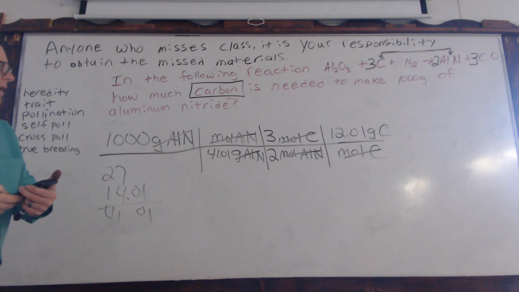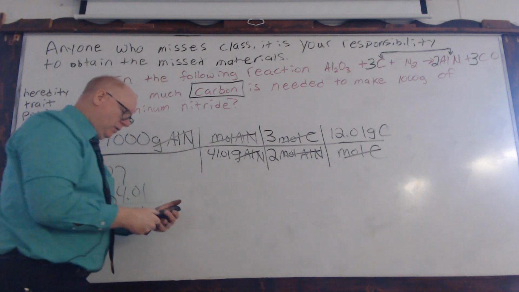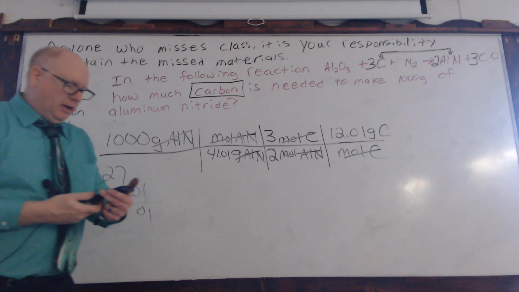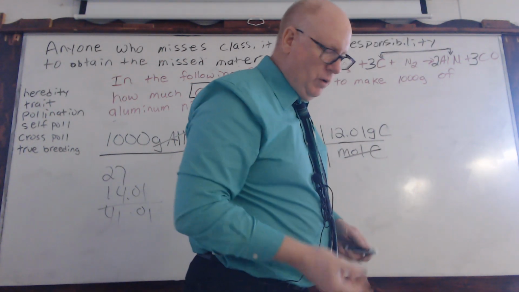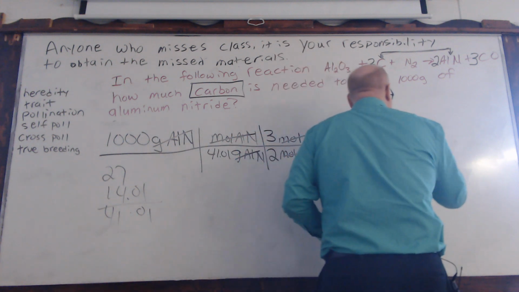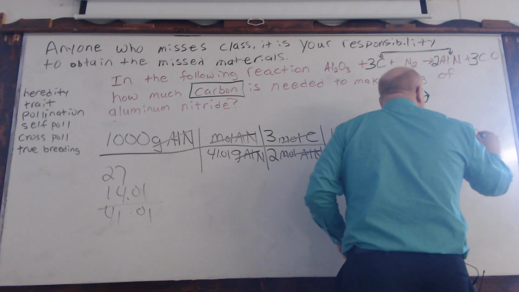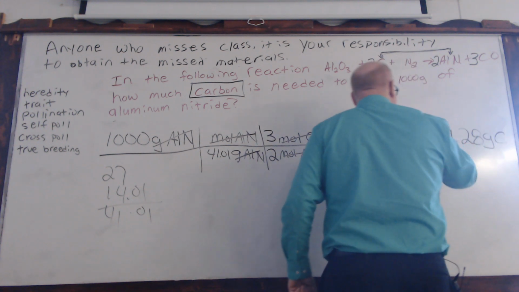Then divide that by 82.02, because these two multiplied is 82.02. And you need 439.28 grams of carbon.